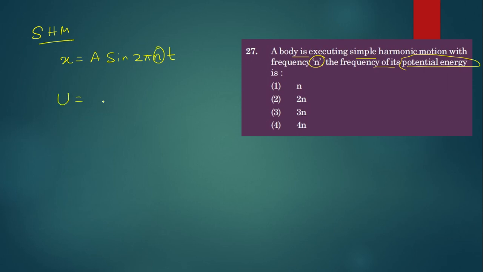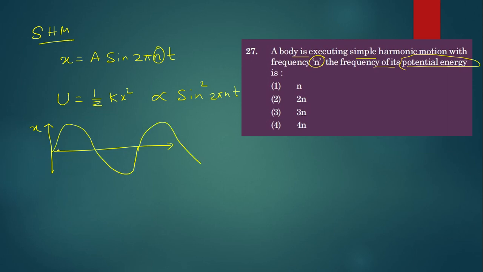And we know that the potential energy is given by half of kx square, which is proportional to sine square and so on. And if I plot the graph of x, it will be a simple sine graph, and one cycle consists from here to here.